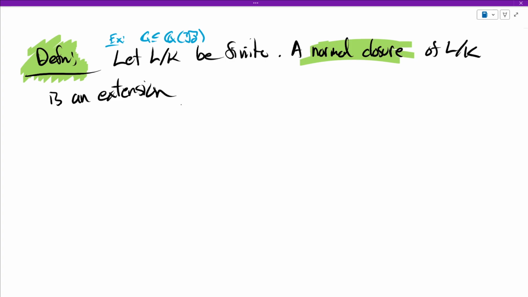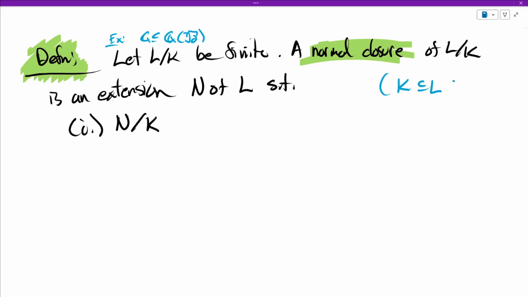So this is going to be an extension N of L. We further enlarge L in such a way that the big extension N over K is now normal. We want to enlarge it in such a way that we have something normal.